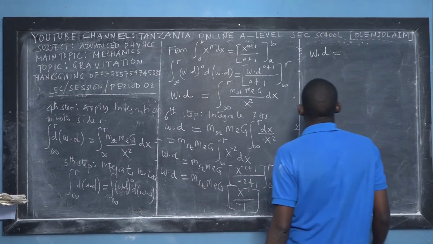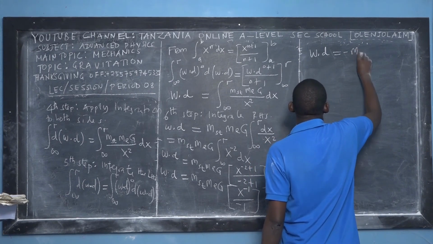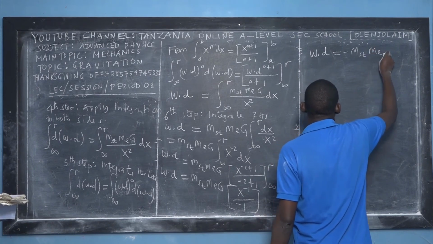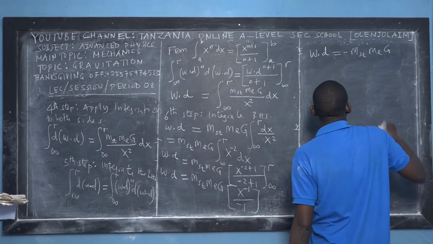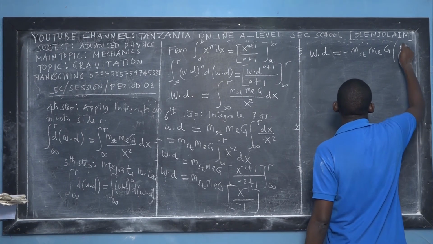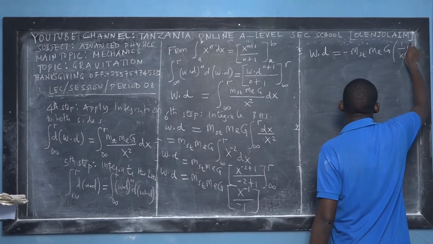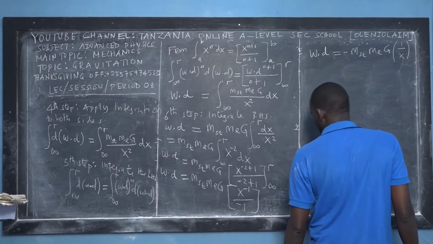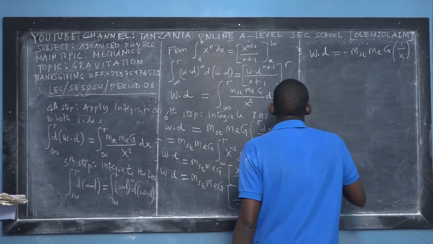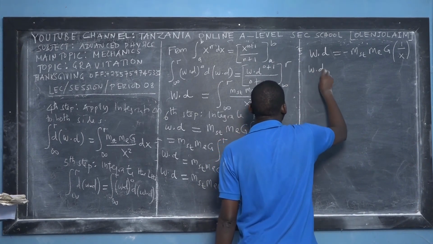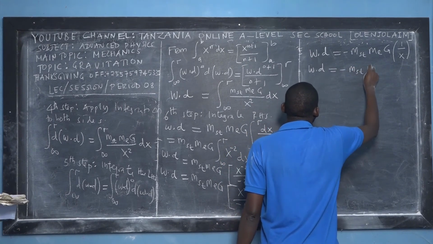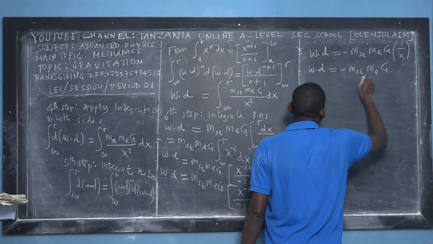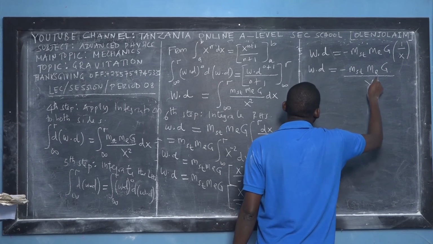Then if that is the case, you have negative mass of the satellite, mass of the S, universal gravitational constant, then x power negative 1, which is equivalent to 1 over x. So the work done to bring the satellite is equal to mass of the satellite, mass of the S, universal gravitational constant over x.